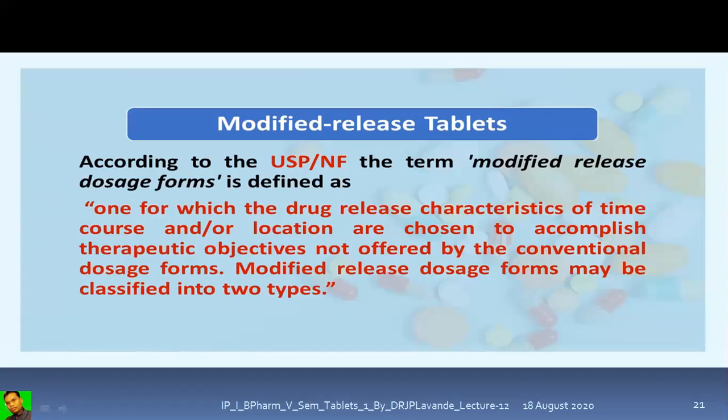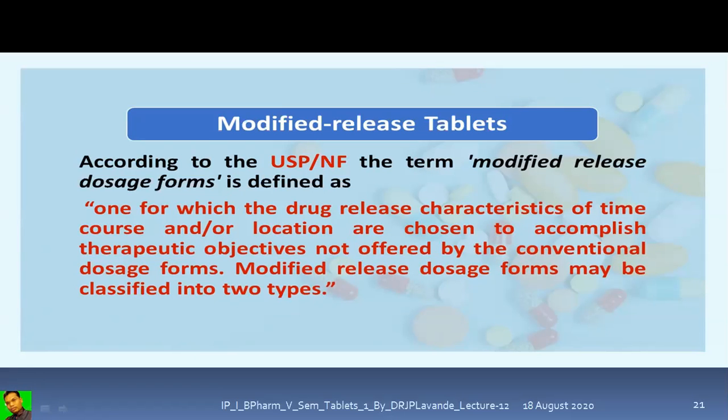Now, as far as the definition is concerned, according to the United States Pharmacopoeia and the National Formulary, the term modified release dosage form is defined. Now, when we can call it a modified release dosage form is given in the definition. What is the definition?